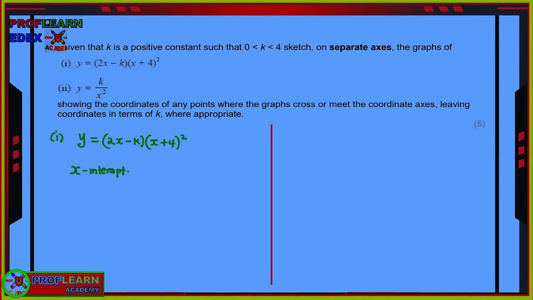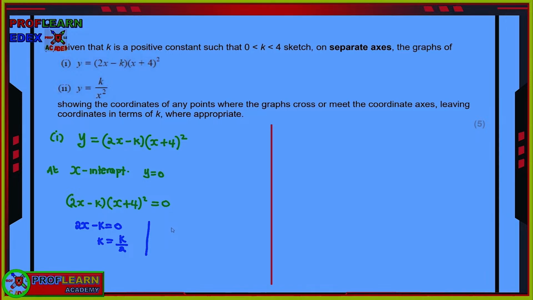So we need to know the x-intercept, and something we need to remember is that at the x-intercept y is always equal to 0. So we can solve for x in both cases. The first bracket will be 2x - k = 0.